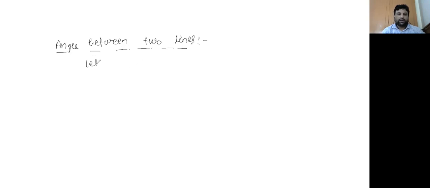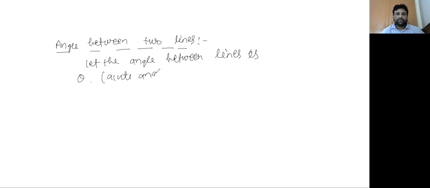So let the angle between the lines be theta. Suppose this theta is the acute angle. Okay, we are taking the angle between two lines as theta, which is the acute angle.